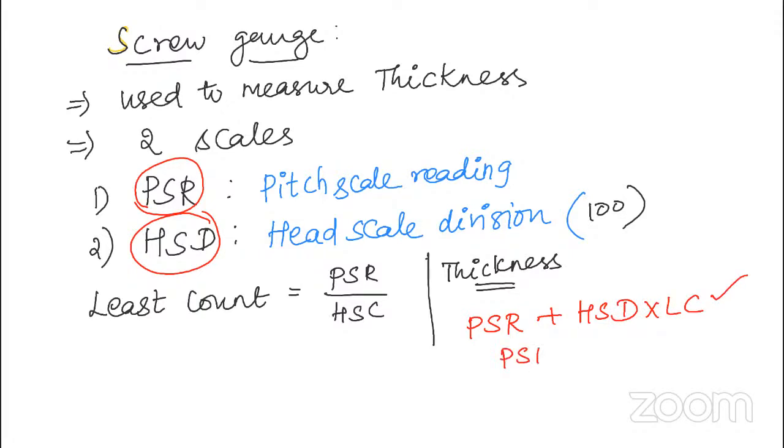Or simply we can write PSR plus HSR or HSC, head scale reading. That is also correct.